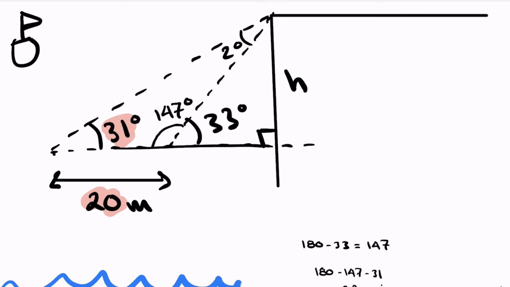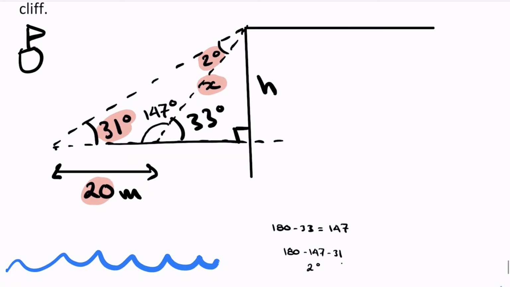Now, look at this. I have an angle and an opposite side over here. Let me highlight them individually a bit better. I have an angle and I have the opposite side of that angle. I can use 31, and let's call this x over here, to solve for the x value using the sine law.